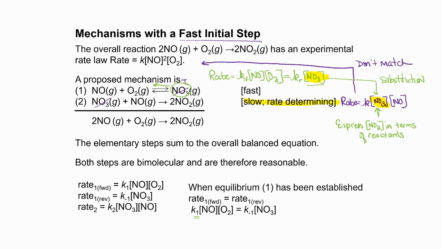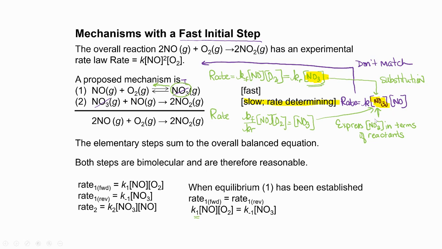Do you see how NO3 equals, I'm going to write it here, rate equals that, which equals KF over KR equals NO times O2. That equals NO3. And that's what I'm going to substitute into here.